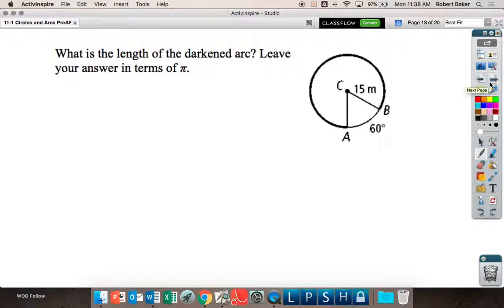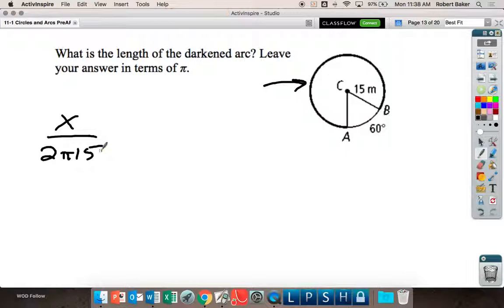It says, what is the length of the darkened arc? And leave your answer in terms of pi. So we're trying to find this arc length right here. When we do that, we do length over length, degrees over degrees. What is the length of the darkened arc? X. What is the circumference of the circle? 2 pi r.